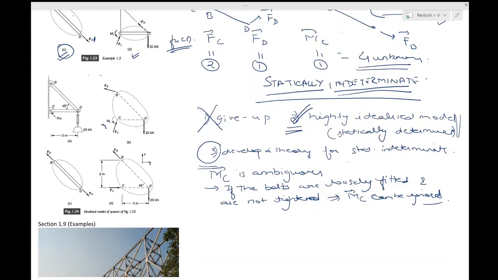Now this again, as I've said, is a high idealization: that the person in charge of tightening the bolts didn't tighten them enough and hence they were loose. Obviously it was dangerous, I mean, that's the safest word we would want to use over here.